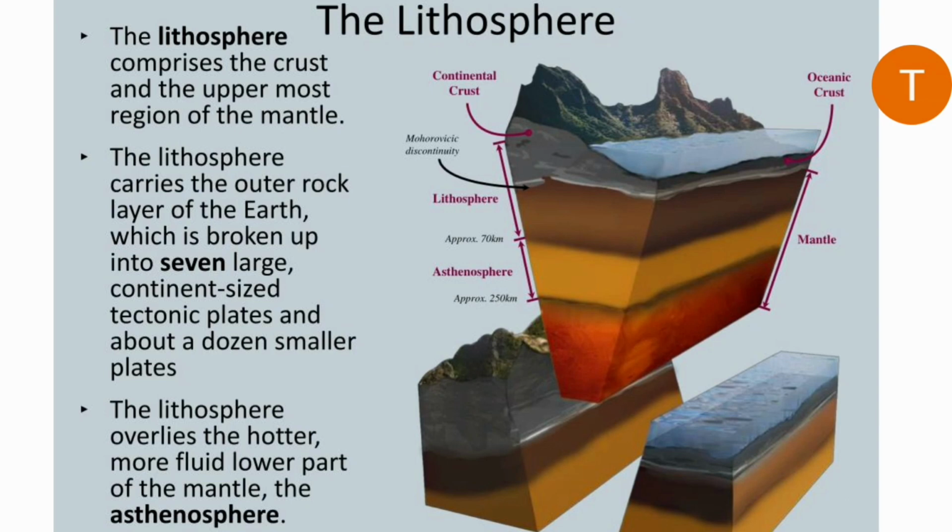It carries the outer rock layers of the Earth, which is broken up into 7 large continent-sized tectonic plates and about a dozen smaller plates. The lithosphere overlies the hotter, more fluid lower part of the mantle, which is the asthenosphere.